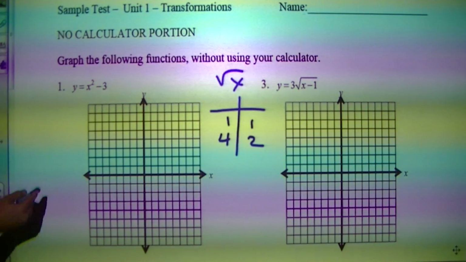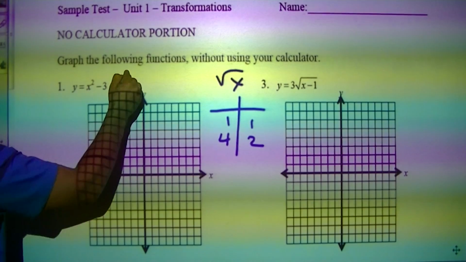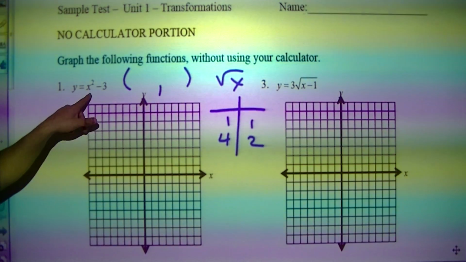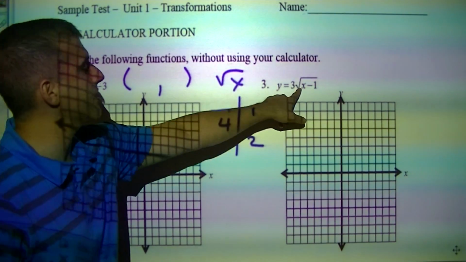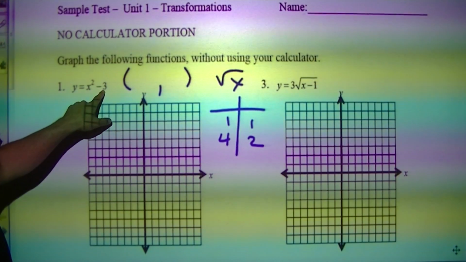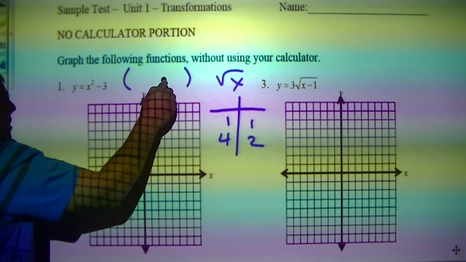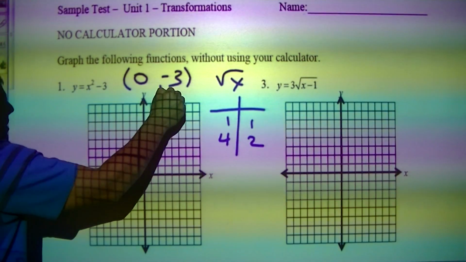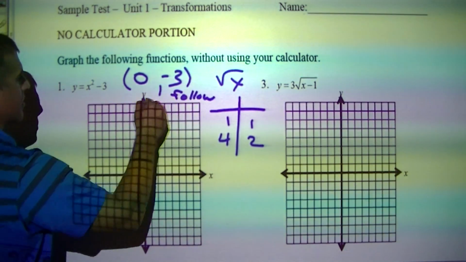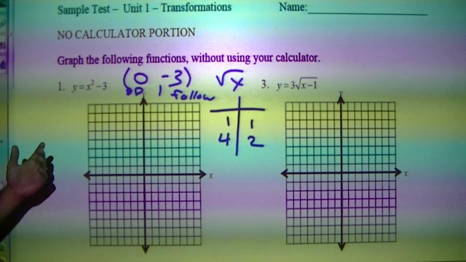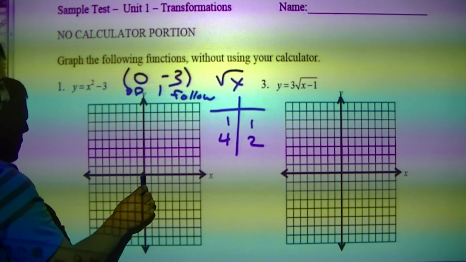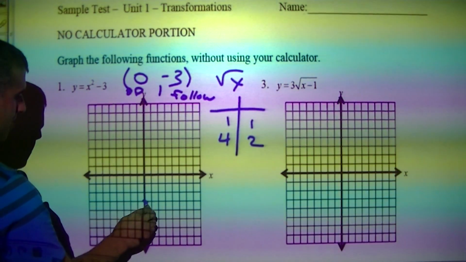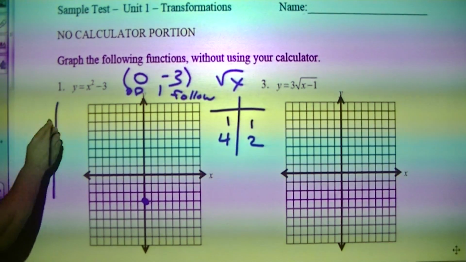For this problem, what we have to graph first is the anchor point. The anchor point is what is on the inside. Here, the -3 is on the outside, so the anchor is 0, -3. We go opposite for anything inside. So 0 over, -3 down. Then I'm going to use my key points.